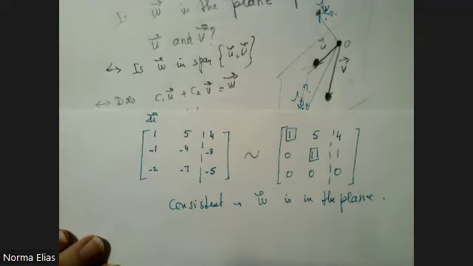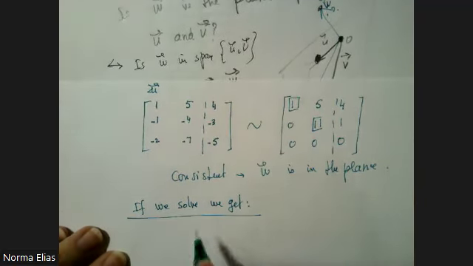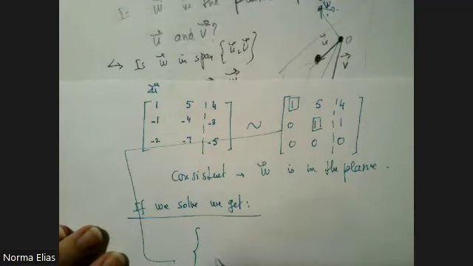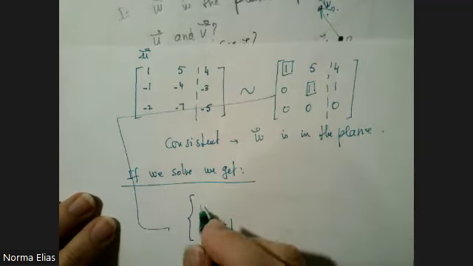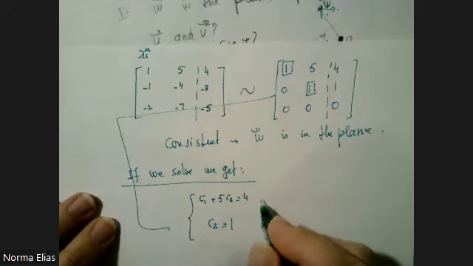Okay. Actually, if we solve, we get: the second row tells me that C2 is 1. The first row tells me C1 plus 5C2 equals 4.